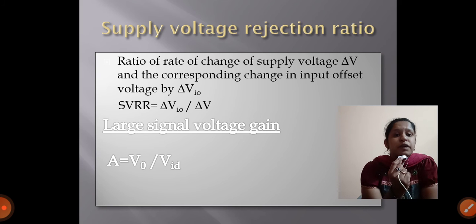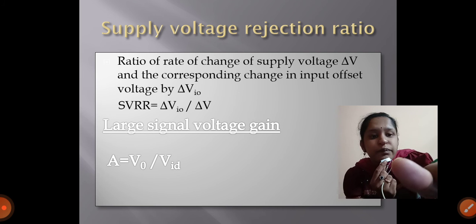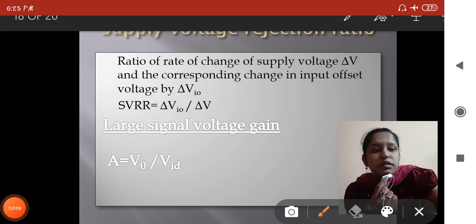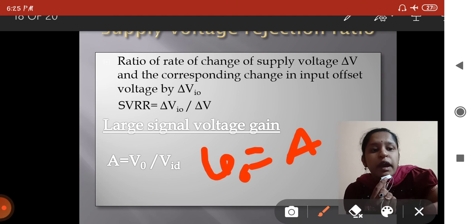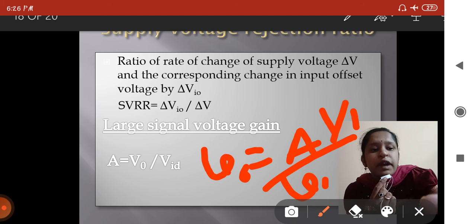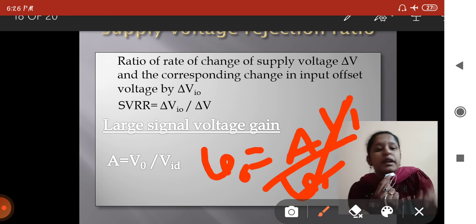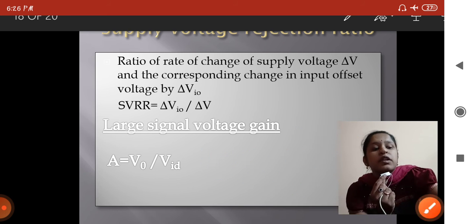For example, A equals V naught by VID, where V naught is the output voltage. V naught equals A into VID, divided by VID, VID cancels, so V naught equals A.